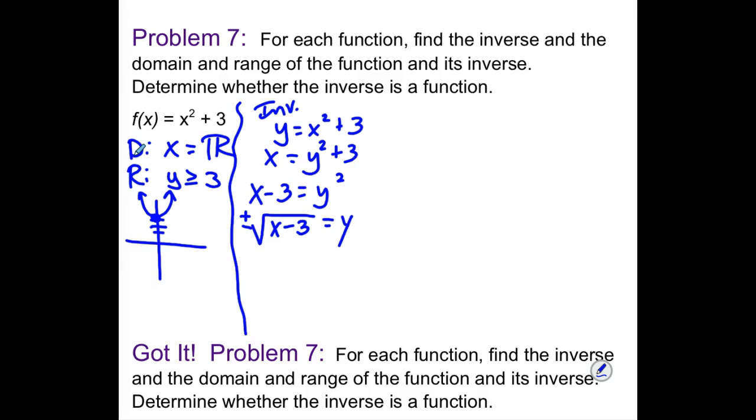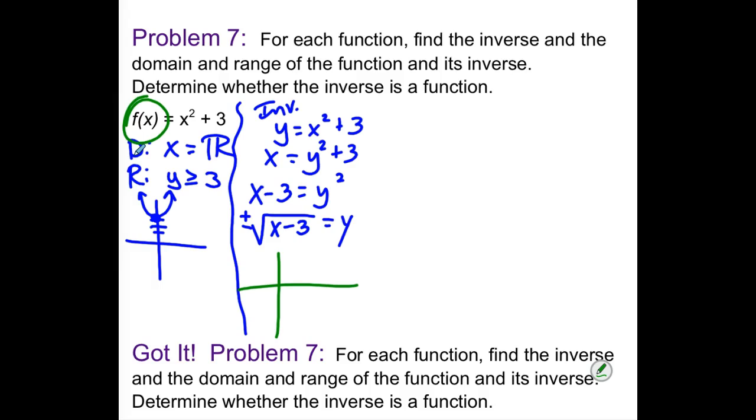Is it a function? For that, we need to think about our graph. The first one is a function, correct? This passes a vertical line test. They gave me this indication that it was a function. The question is the inverse also a function? And if I were to graph this, it is a square root graph that's been shifted which way? Right 3.